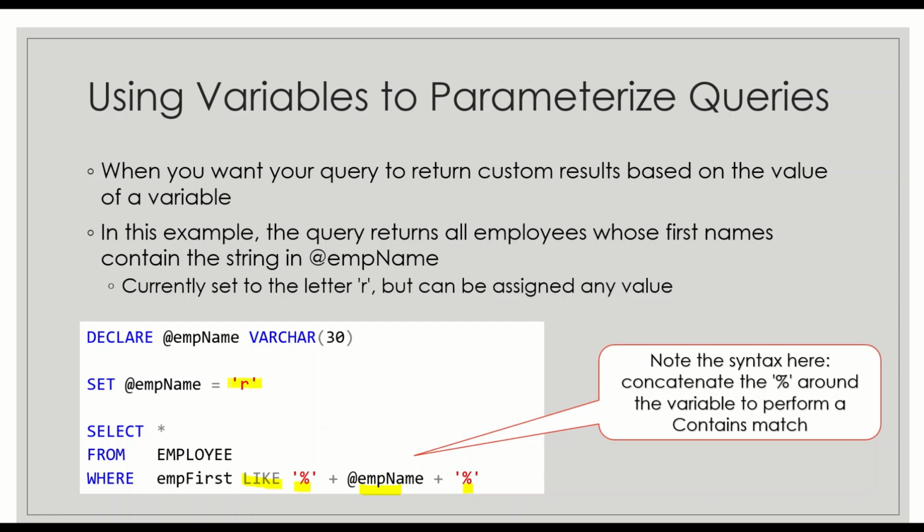Currently, this variable's value is set to the letter R. So our query is going to boil down to select all from employee where employee first is like %R%.